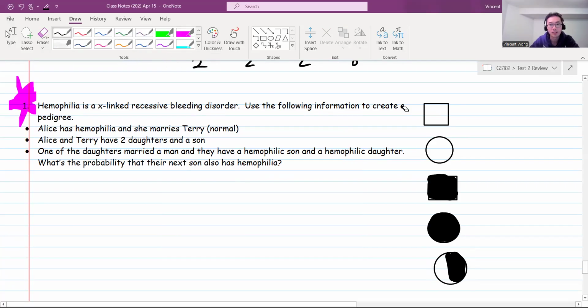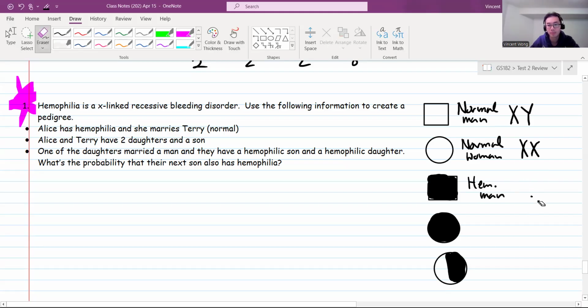So, first one here. This is a normal man. Okay, so normal is XY. Normal woman. Man, woman, female, male, whatever you want to say, this is XX. This guy, hemophiliac man. So what's his genotype?